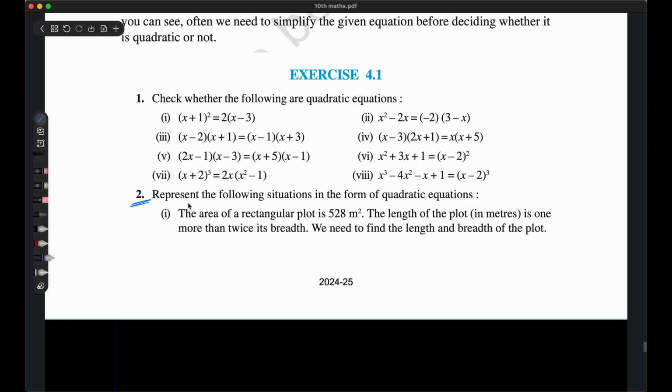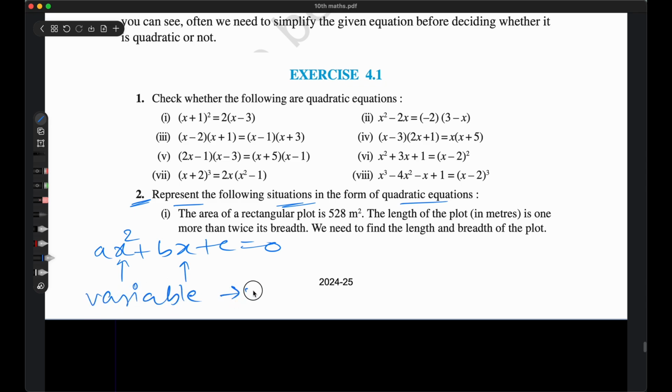In question number 2, we have to represent the following situation in the form of a quadratic equation. A quadratic equation is of the form ax square plus bx plus c equals 0.